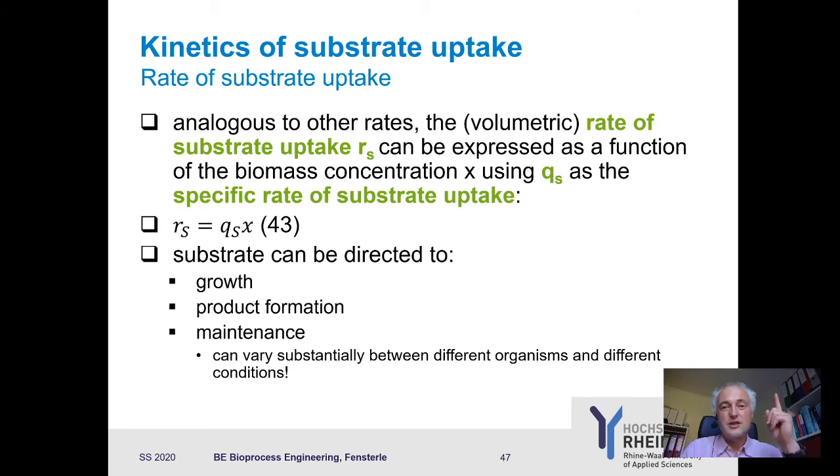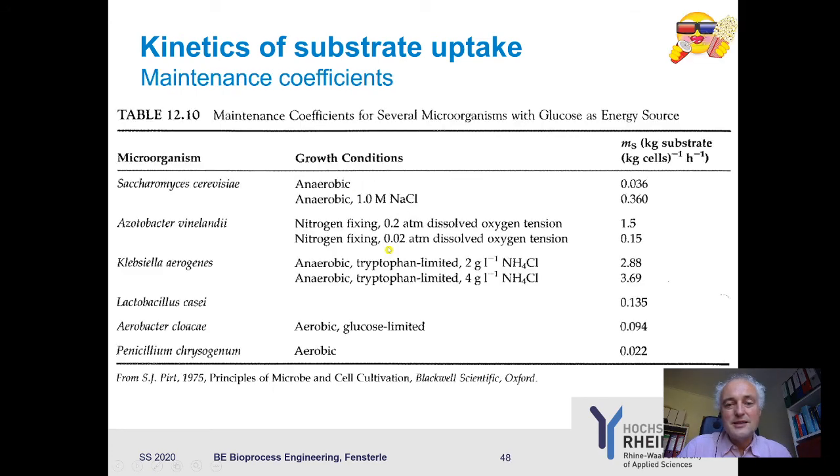And of course, the substrate can go to the growth, biomass formation. It can go to the product formation, and it can go to maintenance. And so therefore, we need to look at these three paths of the substrate, and this needs to be reflected in our equations.